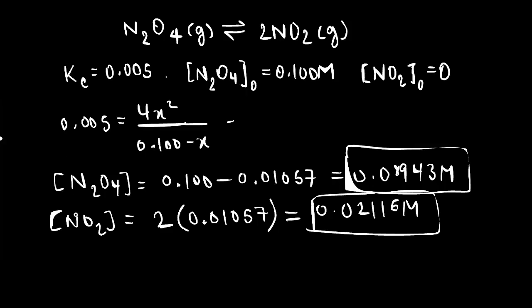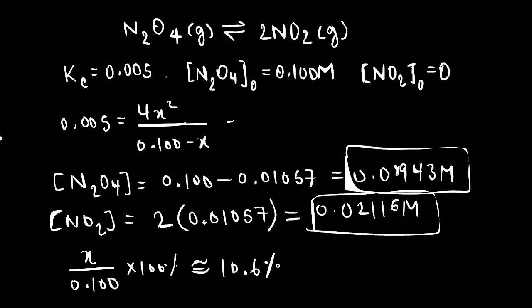Because we look at our x value divided by our initial concentration, times 100%. Our x value gives you an answer of approximately 10.6%, which is significantly greater than our allowed 5%.